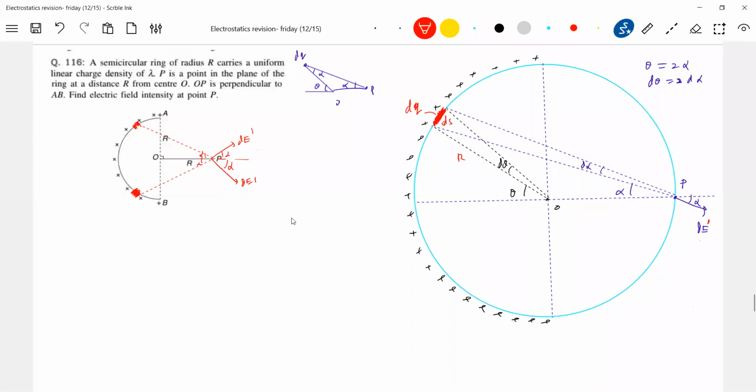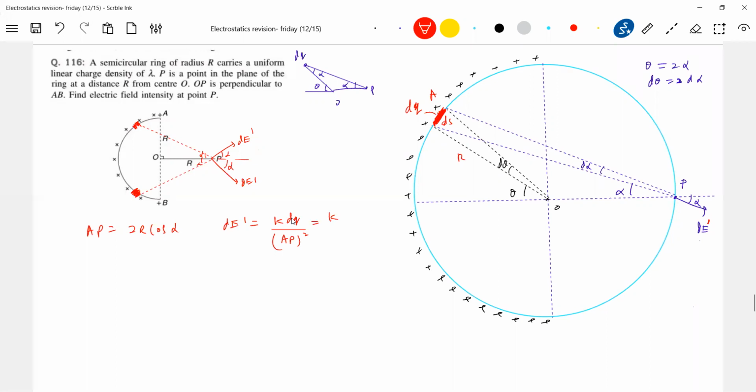So first we'll define dE dash. The distance from A, let me write, AP should be equal to 2r cos alpha. So the field strength dE dash should be equal to K dq by AP whole square.